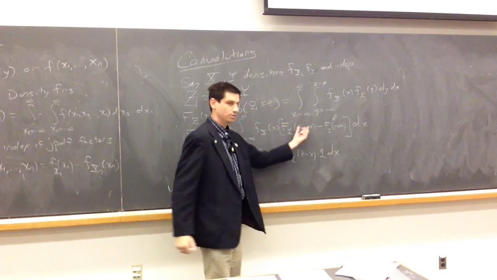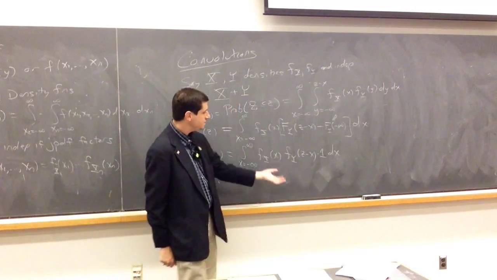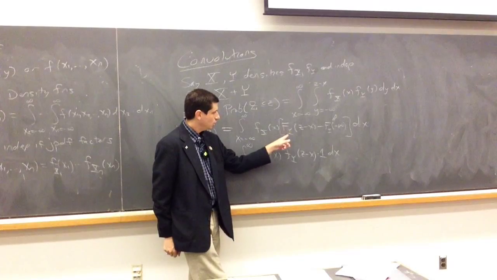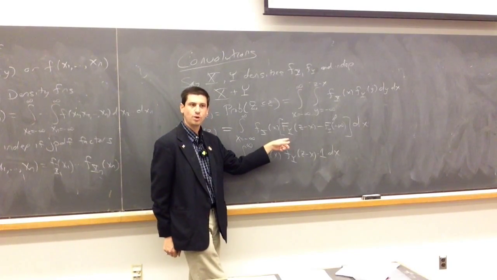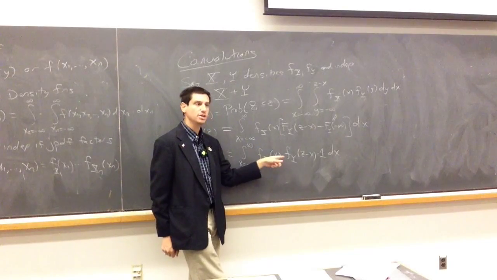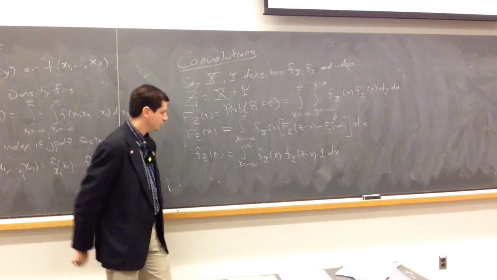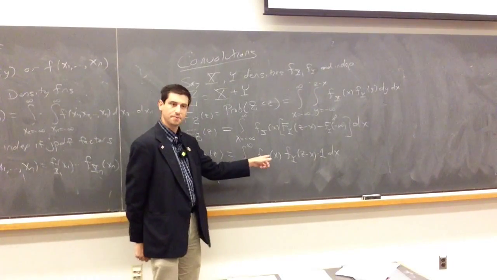But this is the chain rule, so hopefully you've seen something like this before in calculus classes. What's wonderful is we never actually need to use big F of y. We only need to use little f of y, which is what we're given. And at the end of the day, we have an expression. So this gives us the value at little z.